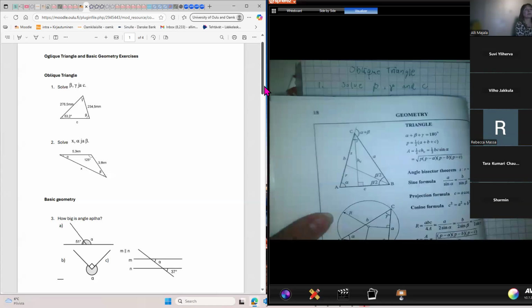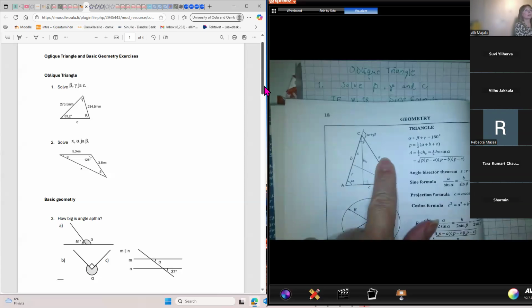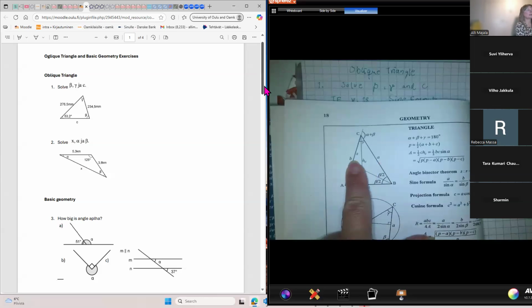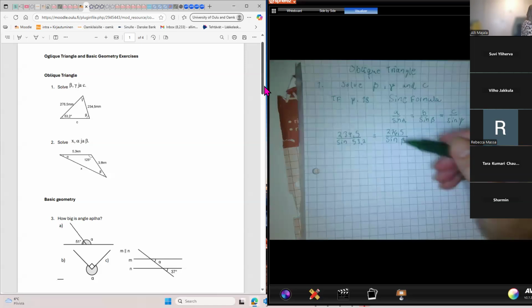So this was always the opposite side of the angle. So here the angle would be this 53.2, and the opposite side would be this 234.5. And then I know here the opposite side, that would be the 276.5, and I could calculate the angle beta here. Solve the angle beta.